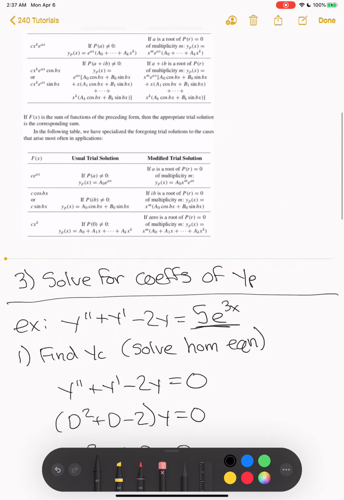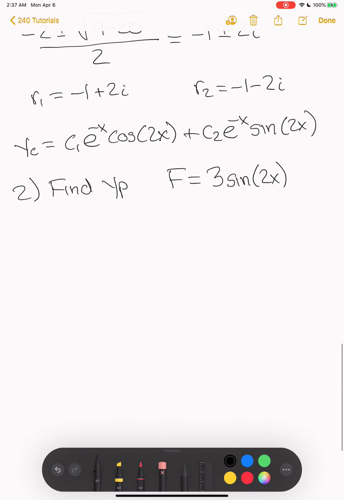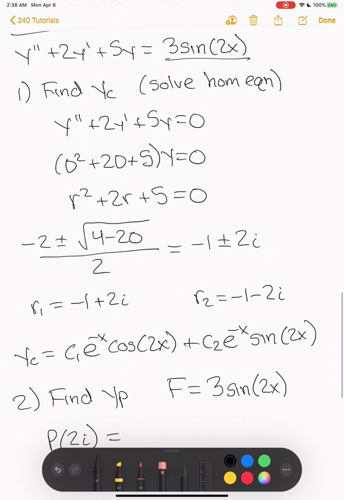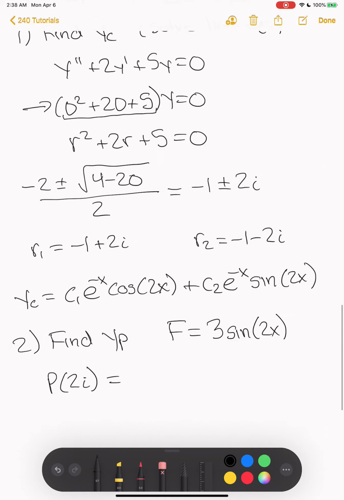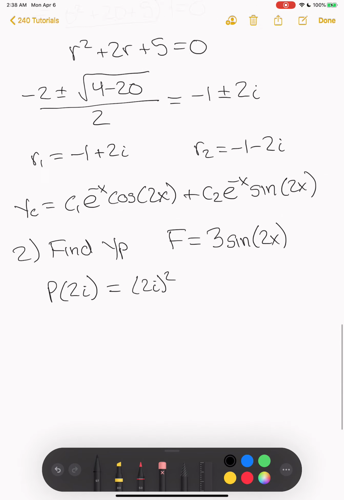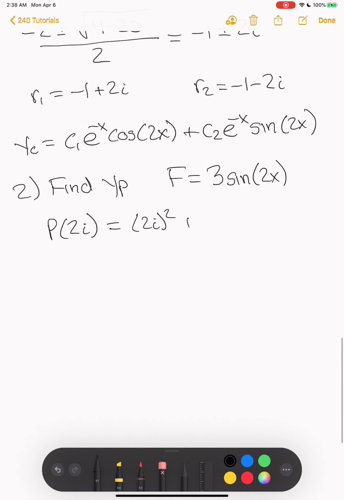So let's go ahead and check that just so we can get in the habit of doing that. I need to make sure that P of ib, where b in this case is 2, is not 0, and I plug that in here. This was my P of D, if you remember. So I get 2i squared plus 2 times 2i plus 5.